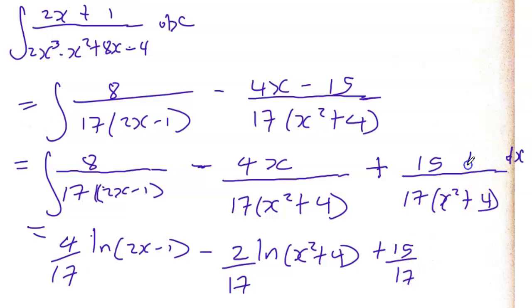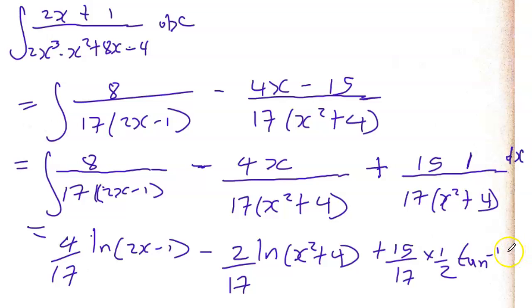And of course it is 1 over a quadratic. So we use the inverse. We differentiate using the inverse trig function tan, and the a would be 2. So we have 1 over a, so 1 over 2, tan inverse x over a.